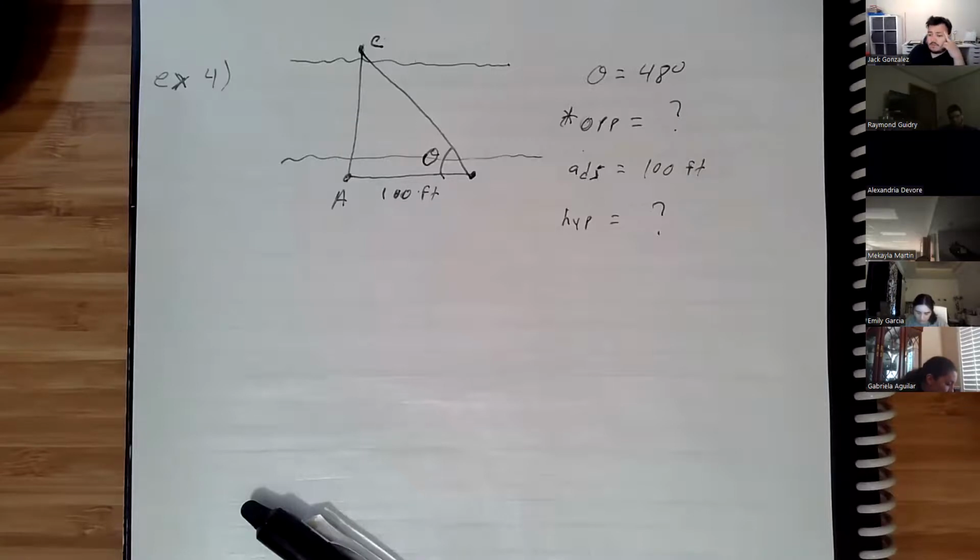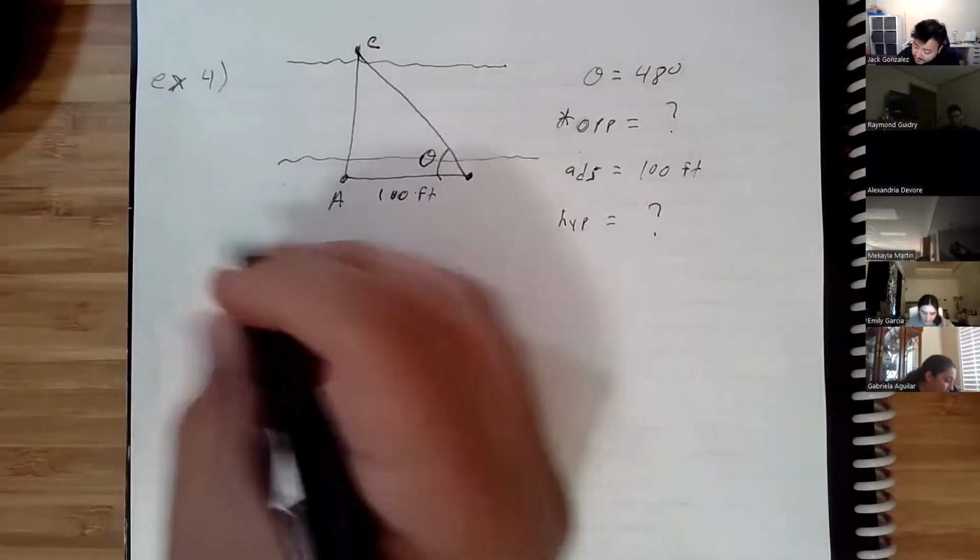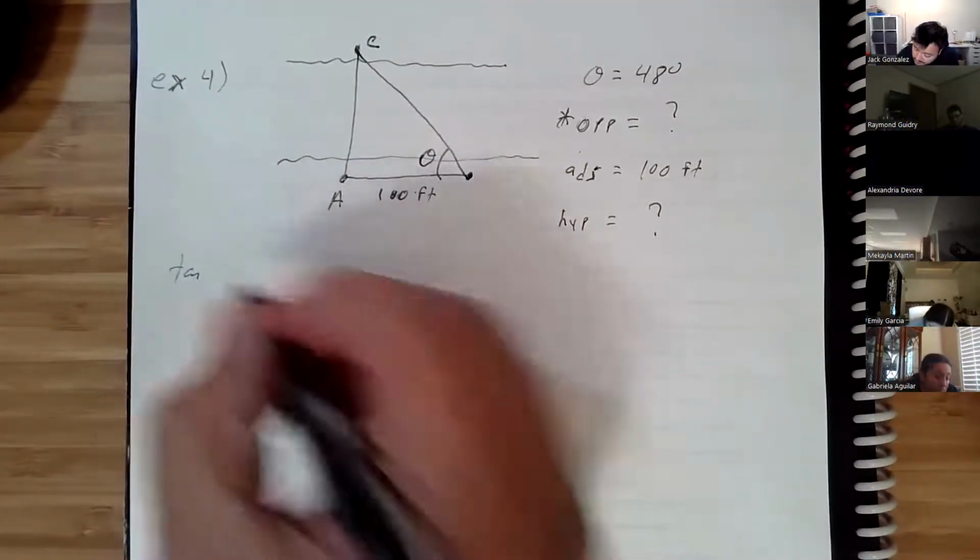They said only the opposite. So tangent is opposite over adjacent. We have adjacent, so that means we can solve for opposite. So we want to do tangent. Do you see the logic of how you decide? That's what I need you to see. That's the hard part. The actual algebra is the easy part.